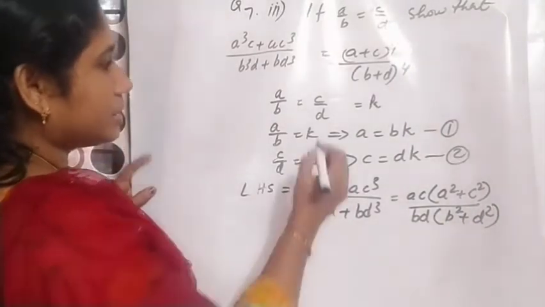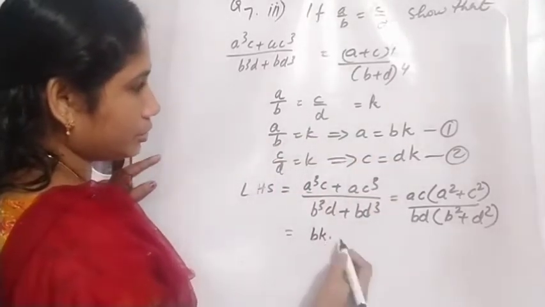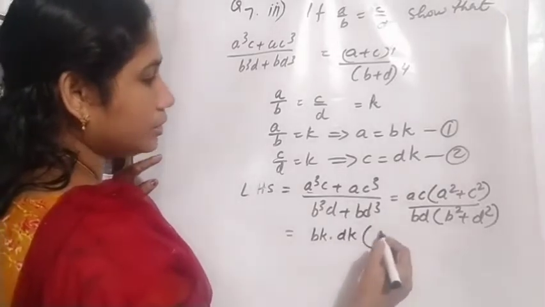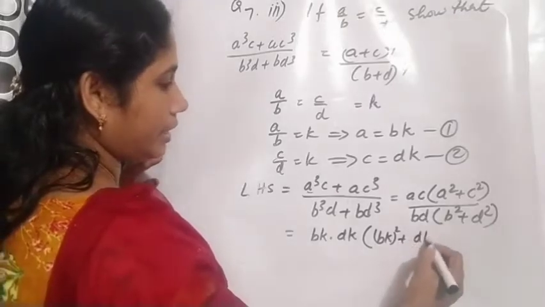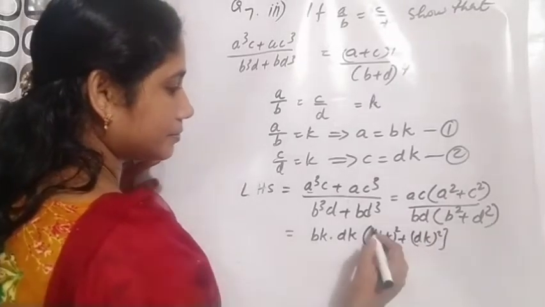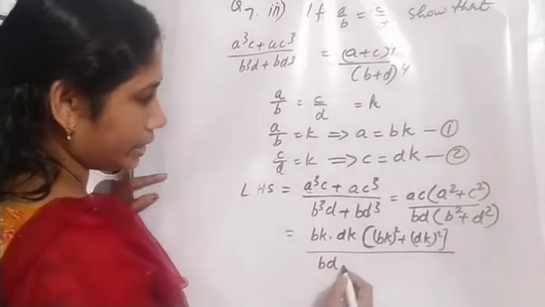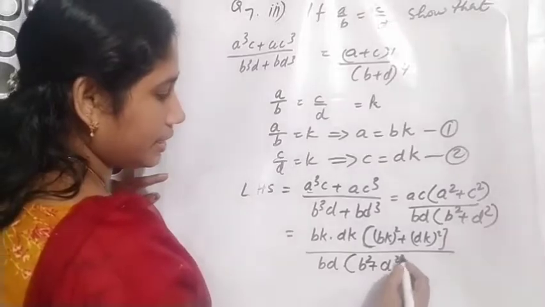Substitute the values. Here you can see A is BK. So BK into C is DK into (BK square plus DK square) whole divided by BD into (B square plus D square).